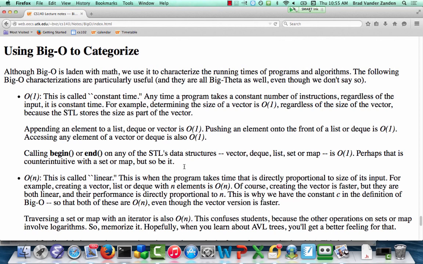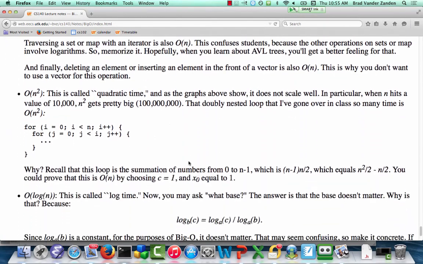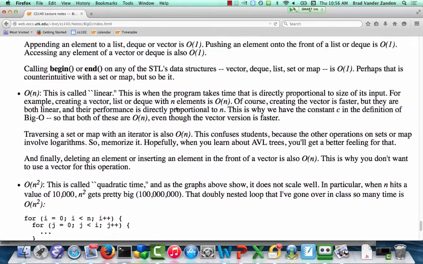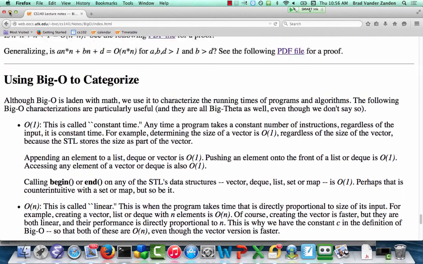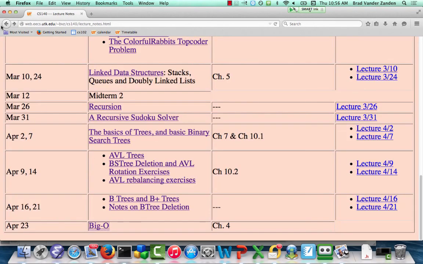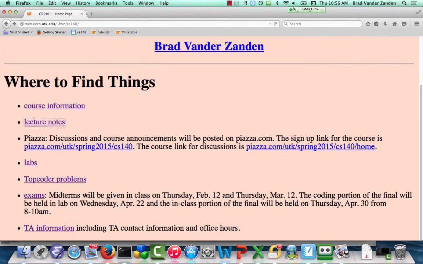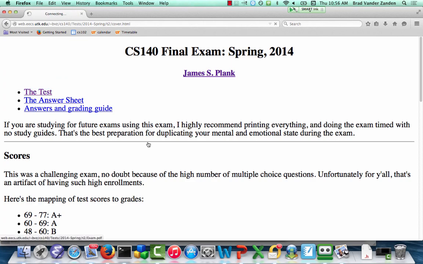This is just a summary of what we discussed all semester. I want you to be up to date with what operations are order 1 in a list or a deque, and what are order log n. Finally, if you're wondering what kind of order n questions I might ask, go to exams and look at Dr. Plank's Spring 2014 final.